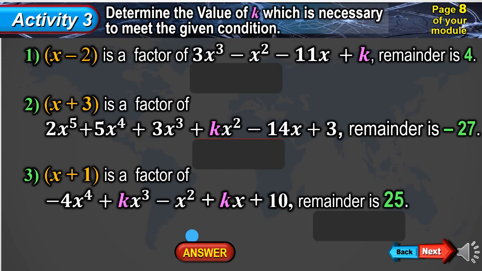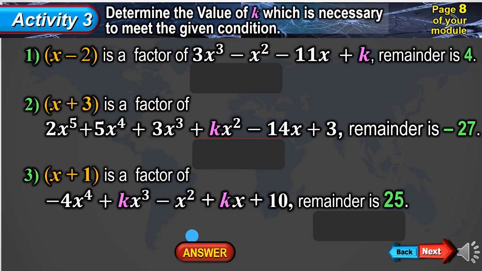For number 2, x plus 3 is a factor of 2x raised to 5 plus 5x raised to 4 plus 3x cubed plus kx squared minus 14x plus 3 if the remainder is negative 27. And then number 3, x plus 1 is a factor of negative 4x raised to 4 plus kx cubed minus x squared plus kx plus 10 when the remainder is 25.